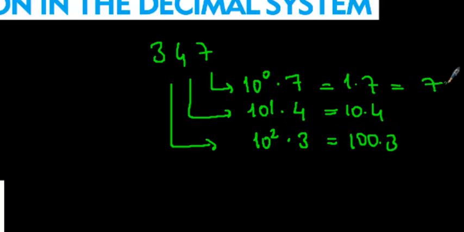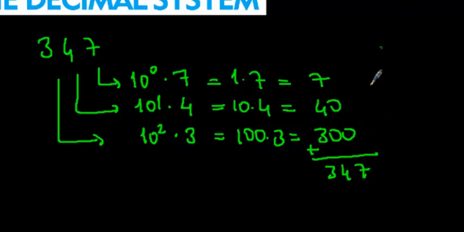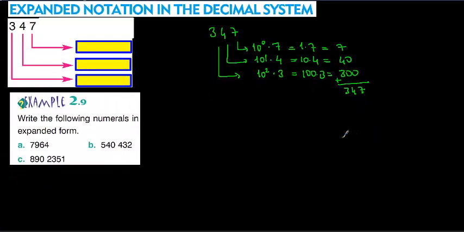And 1 times 7 is 7, 10 times 4 is equal to 40, and 100 times 3 is equal to 300, and the sum again is going to be equal to 347, which means the number is written in expanded notation in the decimal system.